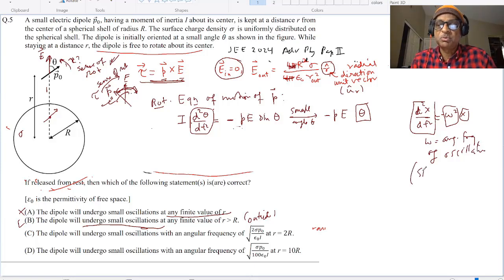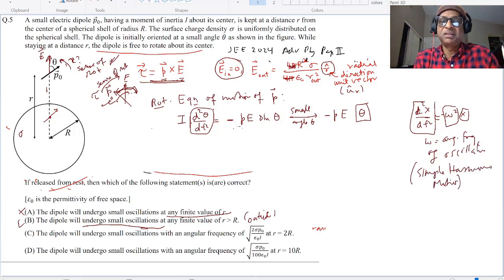So this comes from simple harmonic motion. This problem is pretty good because it combines a whole lot of things. So omega squared is going to turn out to be PE over I.